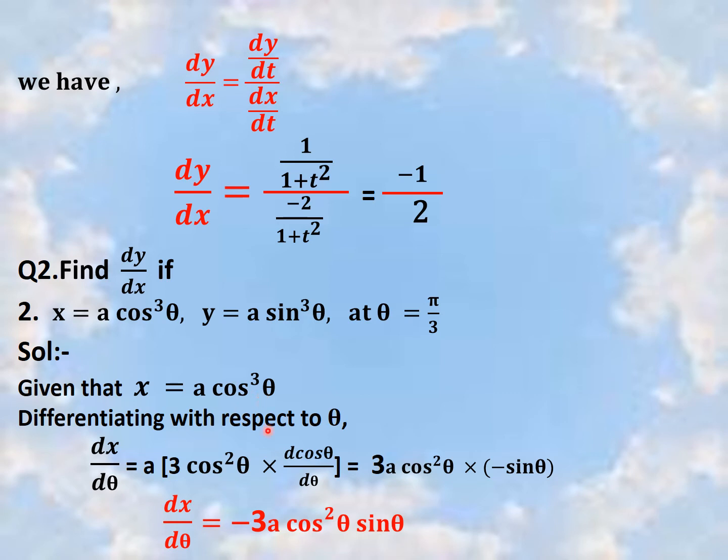So we have to find the derivative of cos theta again. That is like a function of function rule, that is a composite function. So we need to find the derivative of cos theta again, that is minus sin theta. So the derivative of x with respect to theta is minus 3a cos square theta sin theta. Next.